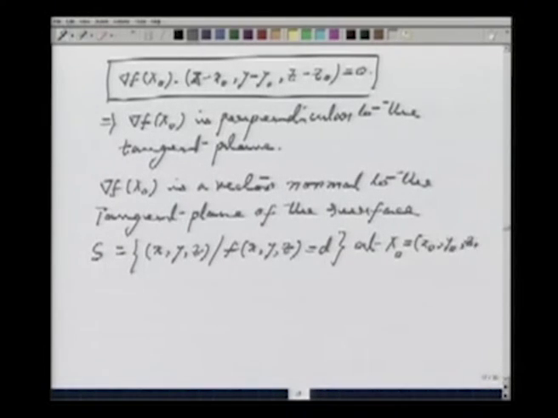So this is the geometric interpretation of the gradient, that it just produces the normal to the tangent plane of the surface at the point x naught, y naught, z naught.